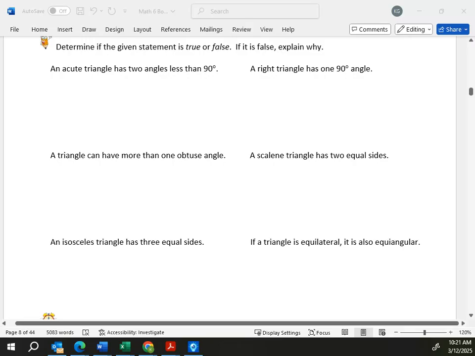False, because in an acute triangle all the angles are less than 90. Yes, so it's false because it shouldn't say two, it should say 3 angles are less than 90 degrees. So if it is false, you have to fix it. What would make it true, or why is it false?